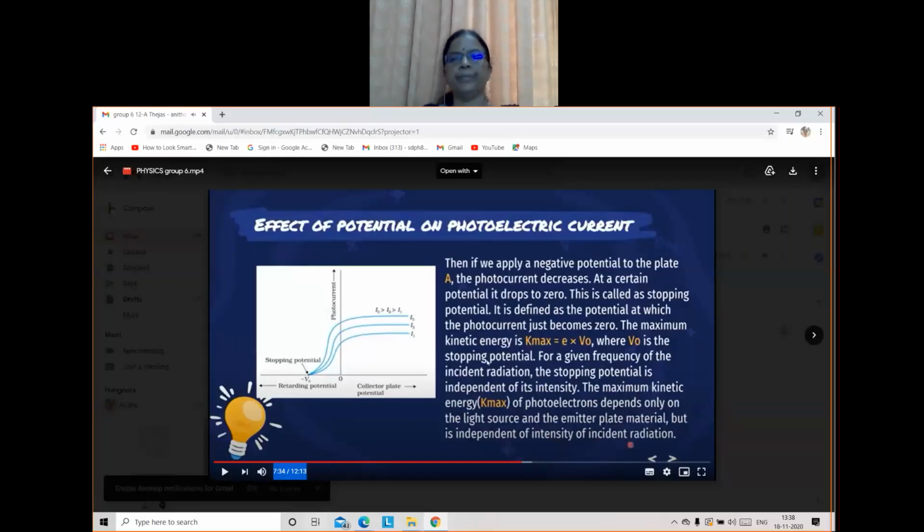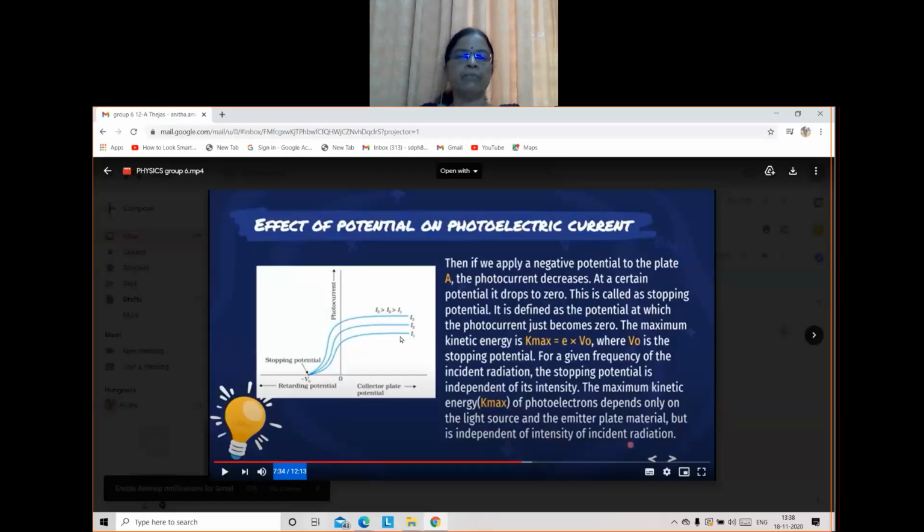Here you can see a graph, and here the intensity is different: I1, I2, I3, three intensities. The frequency of the radiation is the same, the same source is used, but the intensity is increased when it is brought very close. I3 has the maximum intensity.